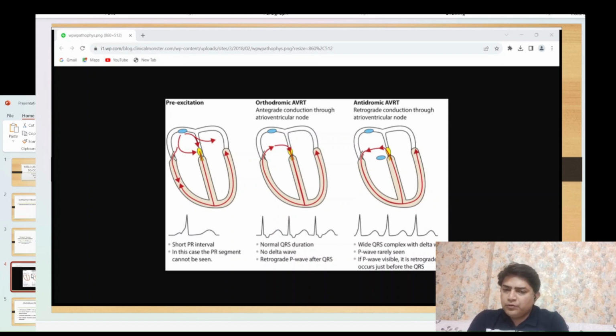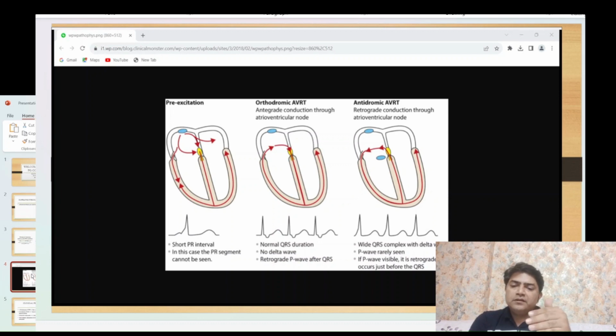Accessory pathway is present in all of these, but the manner in which the heart is depolarizing and the manner in which the impulse is returning is very important. You can see in the diagram that in the orthodromic atrioventricular reentrant tachycardia, which is the most common cause of this tachycardia, the heart depolarizes through the AV node, then through the bundle of His and the Purkinje fibers, and this impulse again reaches the AV node through the accessory pathway.